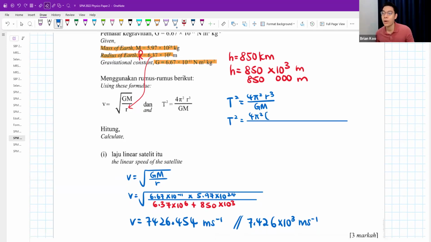Again, the R you have to go and add. By the way, sometimes some people will write the formula like this. Because they know you need to plus, they'll write like this. Okay, same thing here. This one, you have to do radius of Earth plus h.